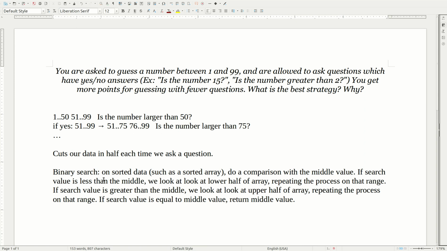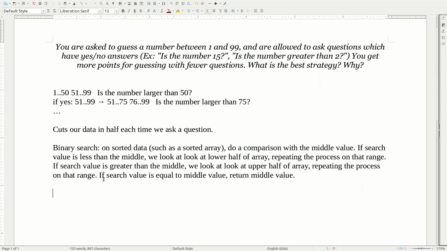That gives us this kind of behavior pattern where we see, for instance, that if there were two values in our range, then we would be able to answer with one comparison.